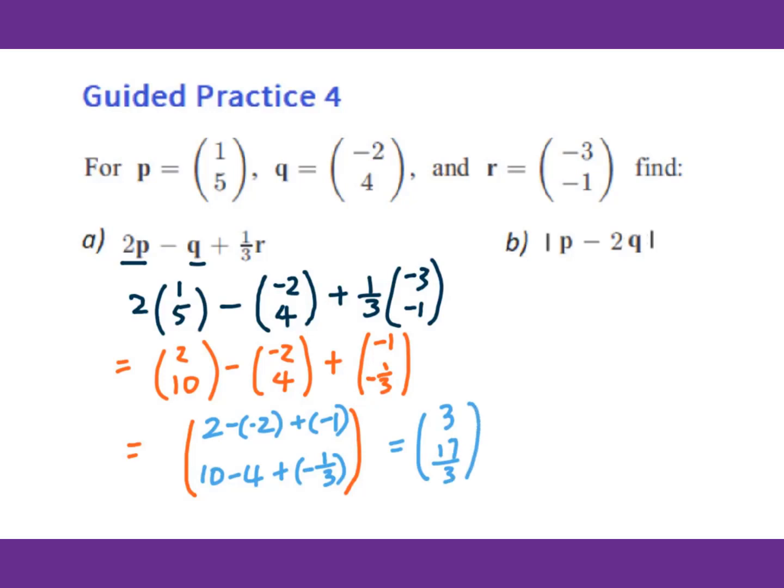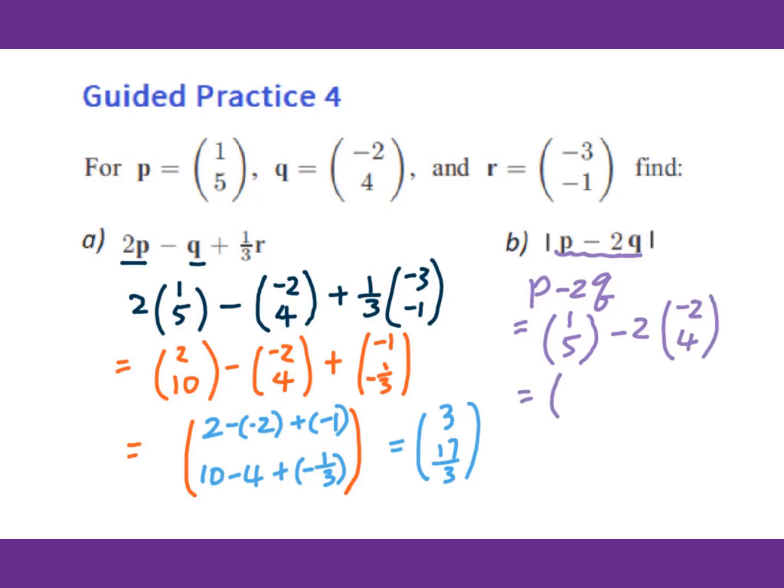For B, absolute value means magnitude. But anyway, we need to figure out the inside first. So P minus 2Q. P will be 1, 5 minus 2 times negative 2, 4.